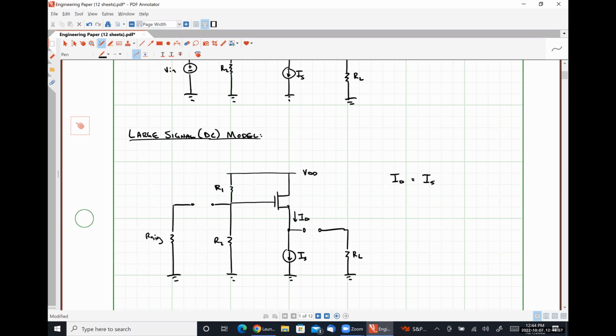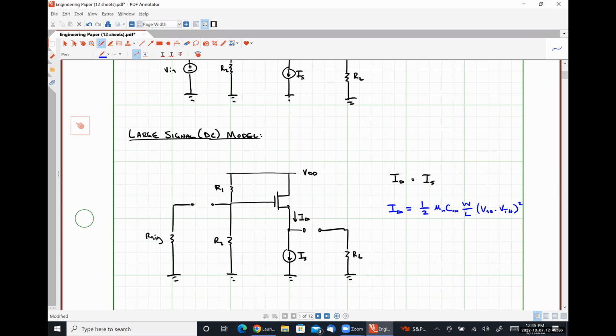So if we're assuming that this transistor is operating in the saturation region, which we want to make it a good amplifier, what is the drain current equation? In saturation region of operation, our drain current, assuming channel length modulation can be neglected, is 1/2 UN Cox W over L, VGS minus VTH quantity squared, right?